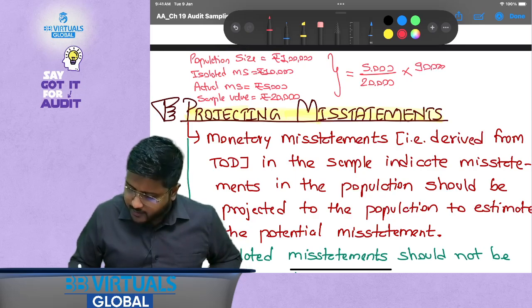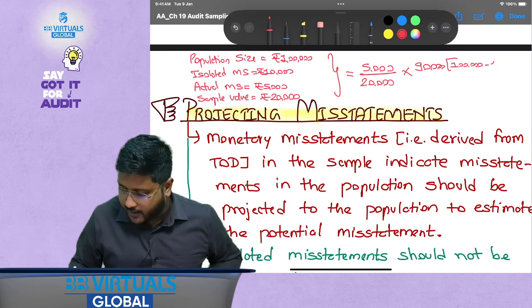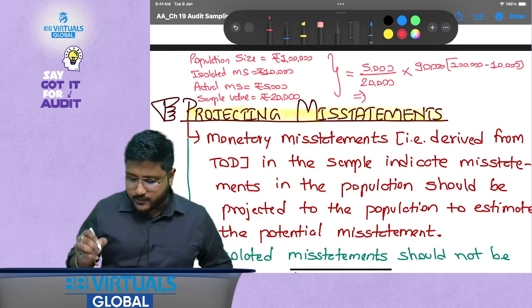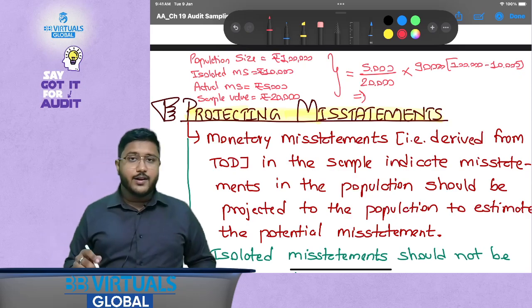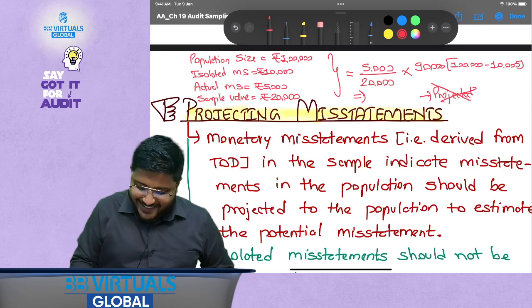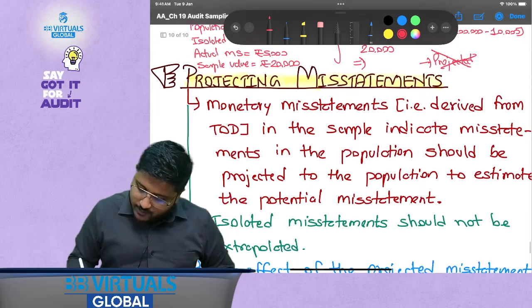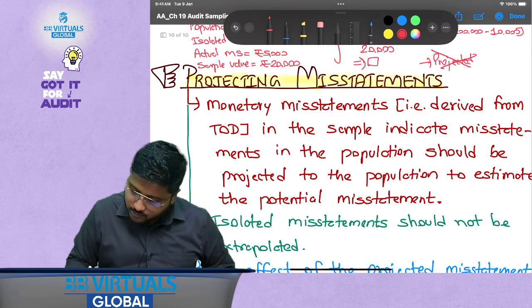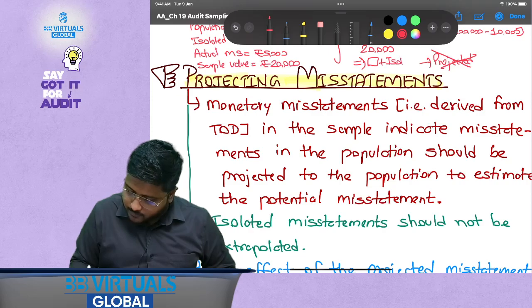But sir, there should be 1 lakh, right? No, 1 lakh minus isolated. Whatever this amount comes up, that would be called your projected misstatements. Is it right? No. Why? Because you also have to add isolated.